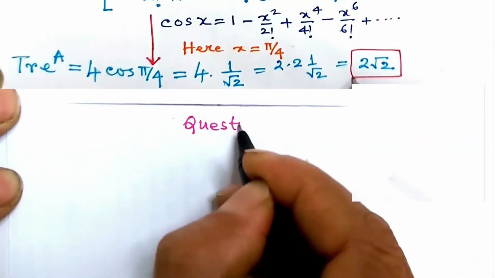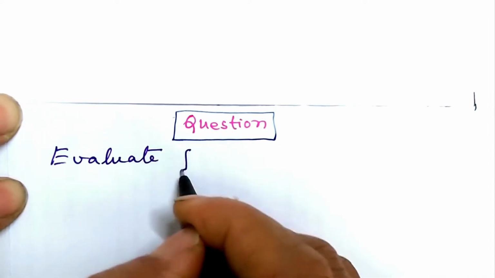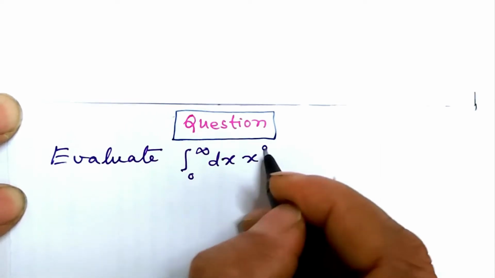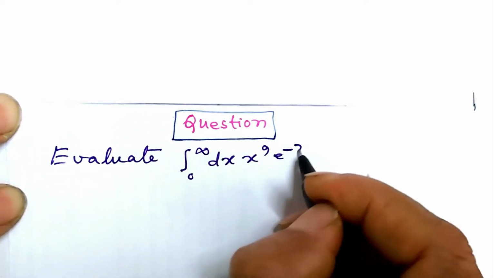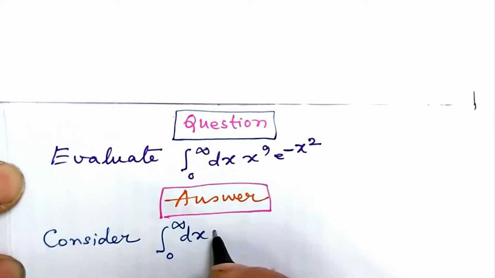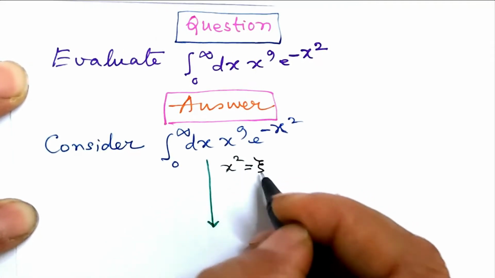Let us move over to the next question. Evaluate the integration from 0 to infinity dx x to the power 9 e to the power minus x square. The answer: consider the given integration. Now put x square equal to xi. So we make a change of variable from x to xi.